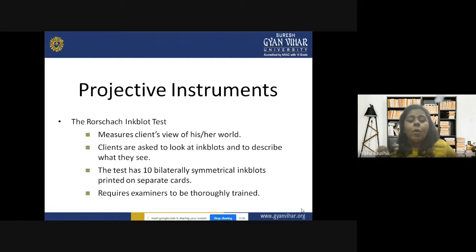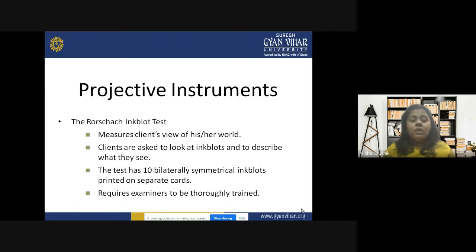The test has 10 bilateral symmetrical ink blots printed on separate cards, and each printed card will be presented in front of the subject, who has to describe what he is seeing. It requires examiners to be thoroughly trained.